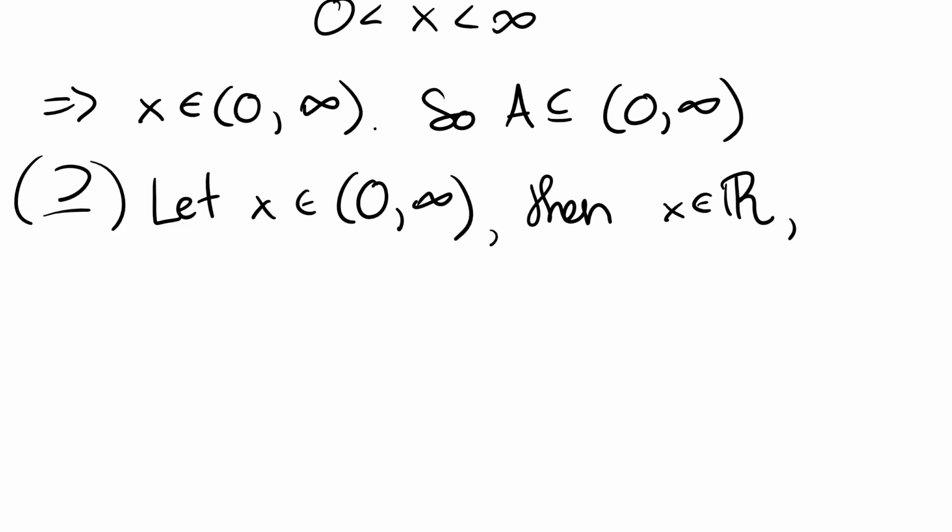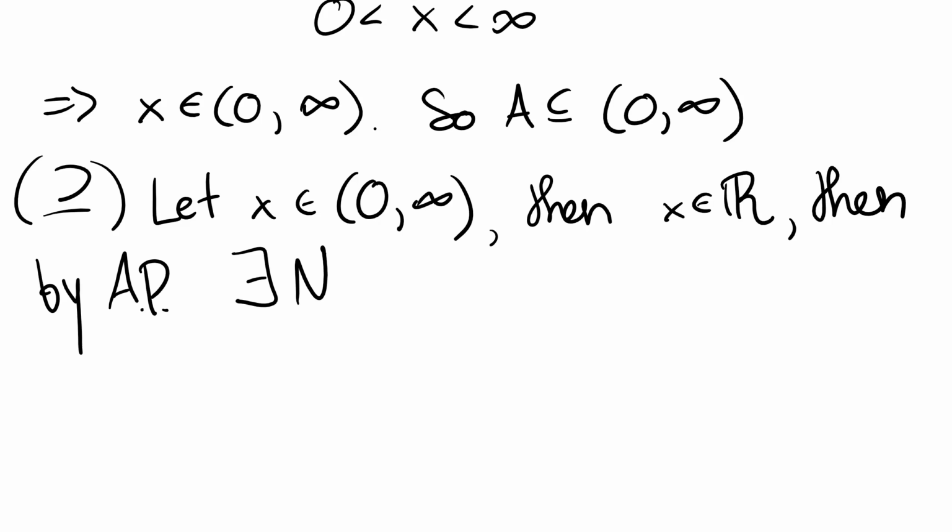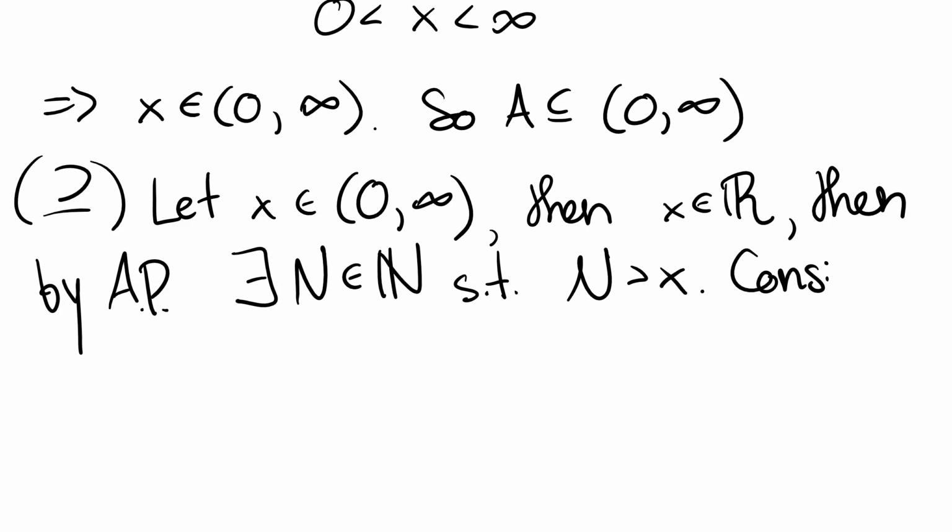Ooh, what can we do when we have an element in the reals? We can use AP. Then, by AP, there exists a capital N in the naturals such that capital N is bigger than x. Consider A sub capital N. Well, that's going to be this.